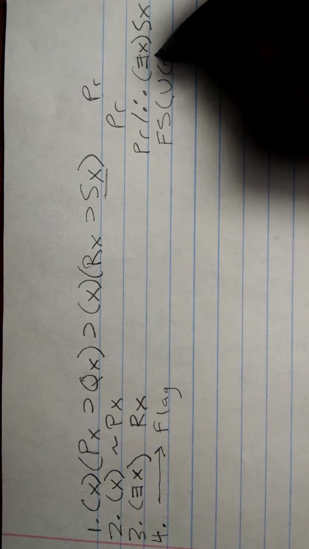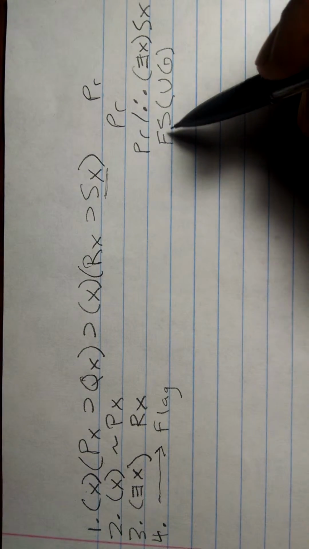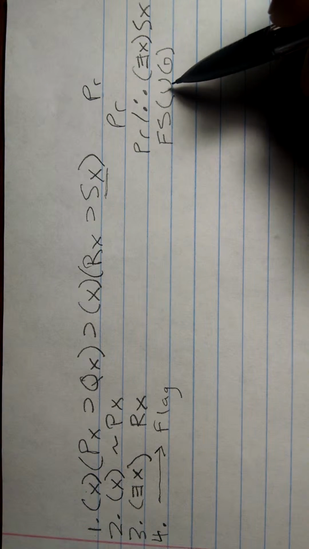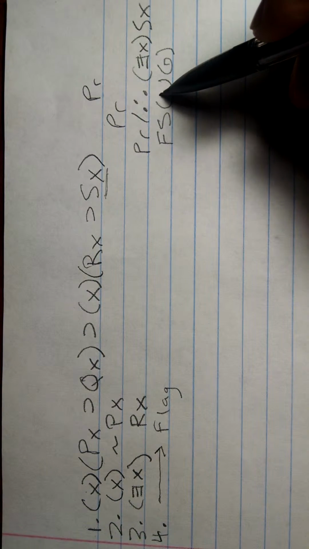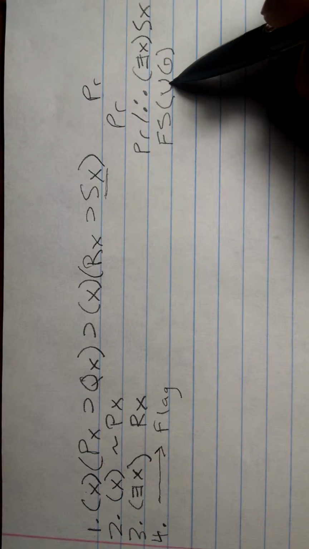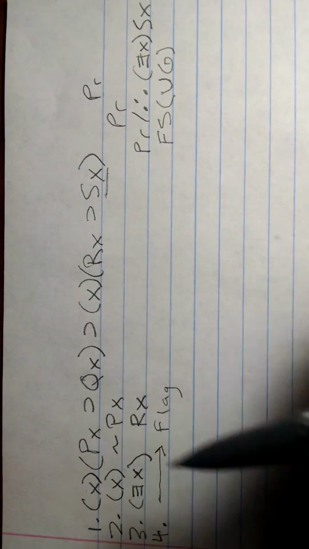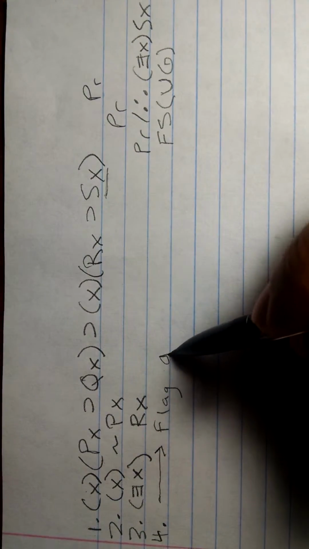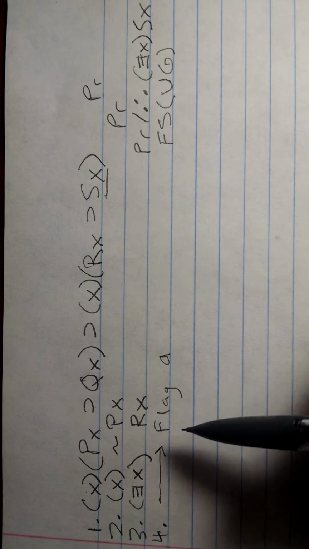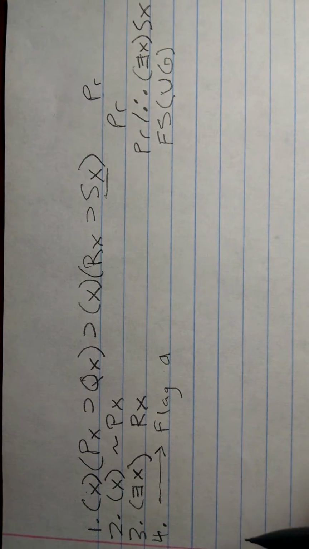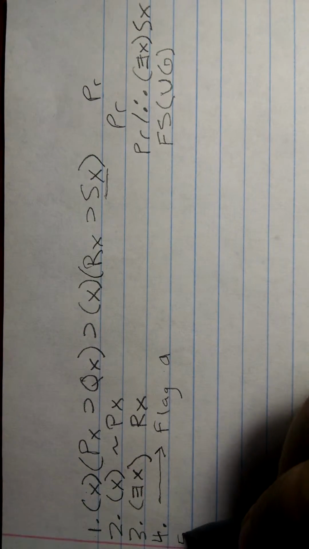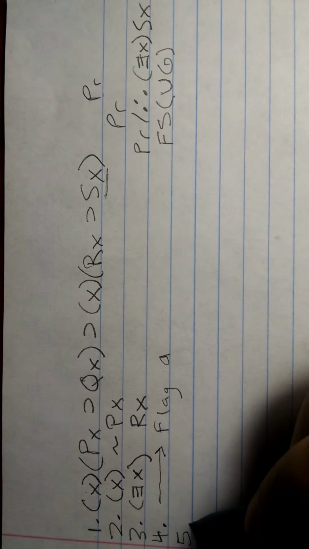That just means we're doing a flagging step so that we can use universal generalization to get it back into the variable state instead of constants.